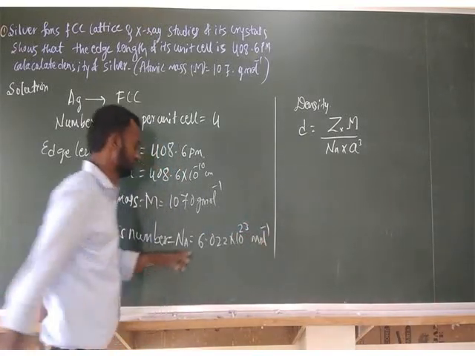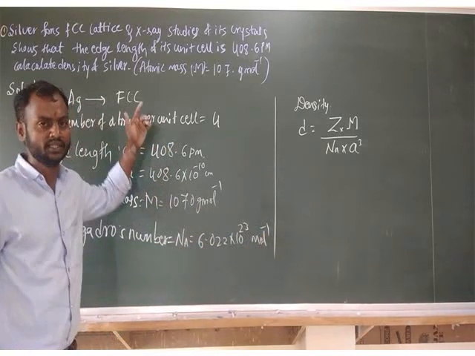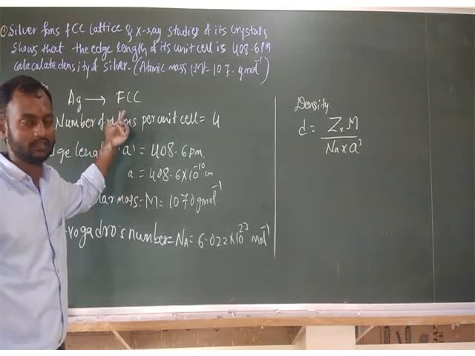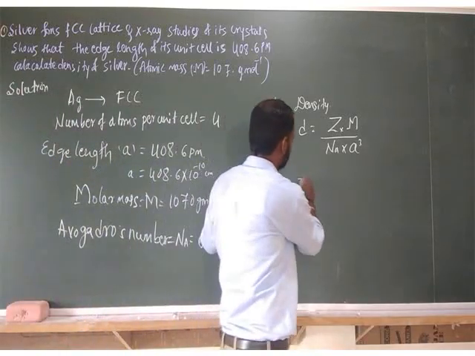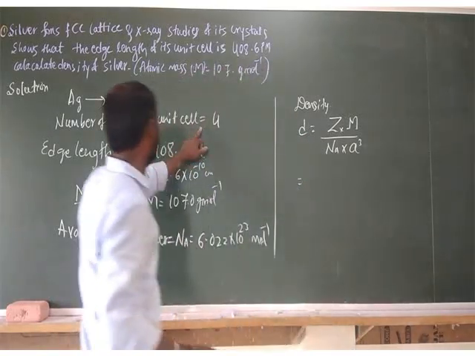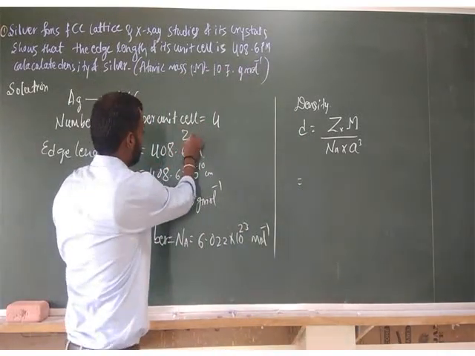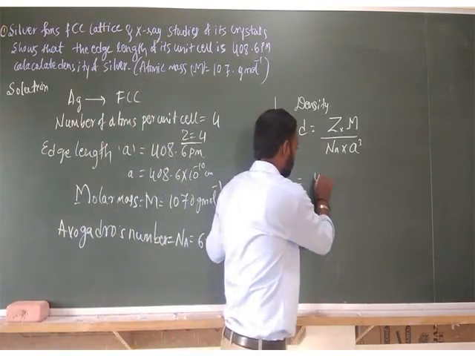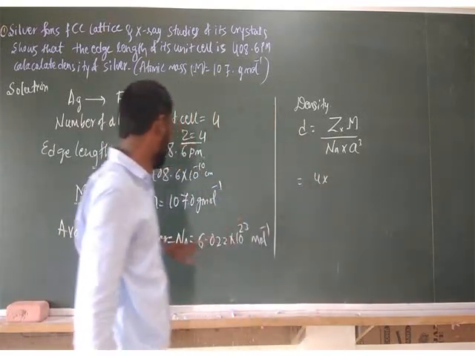So this many atoms are present in a mole of silver crystal. Substituting the values, what is the Z value? The Z value is 4. Therefore Z is equal to 4, the number of atoms per unit cell, 4 into what is the molar mass?